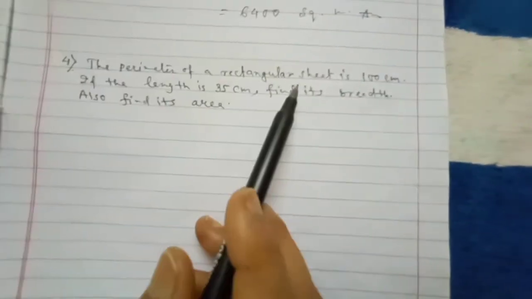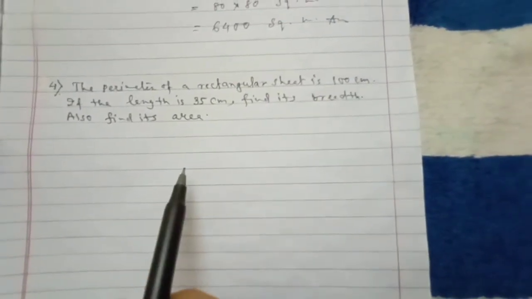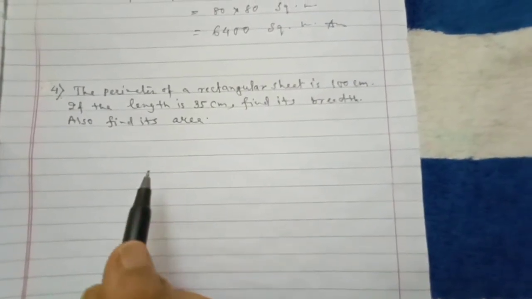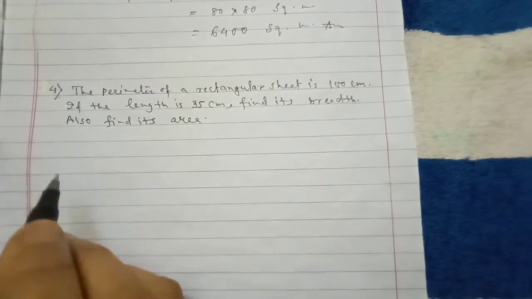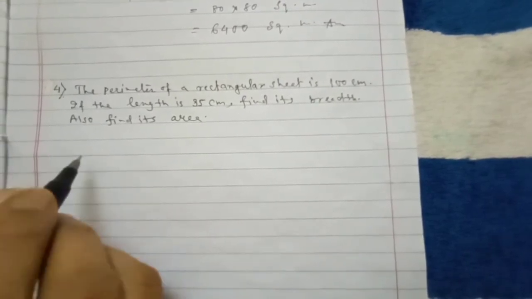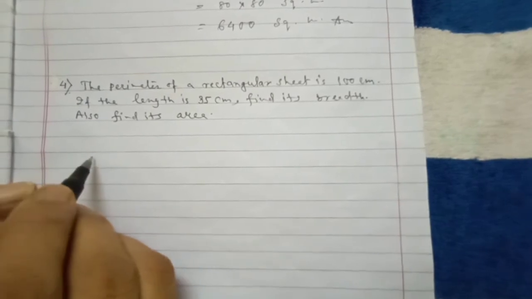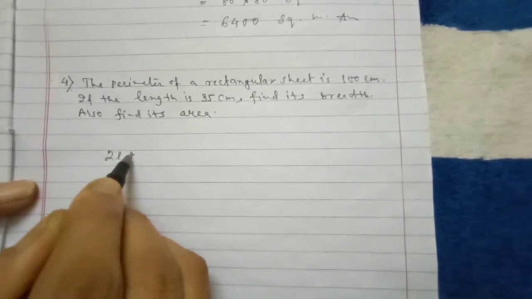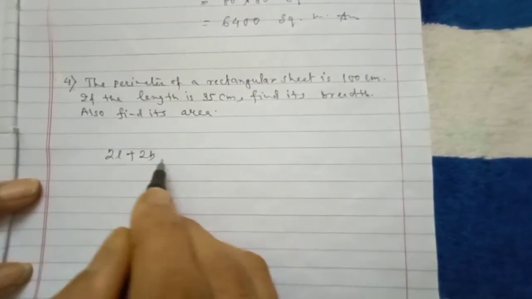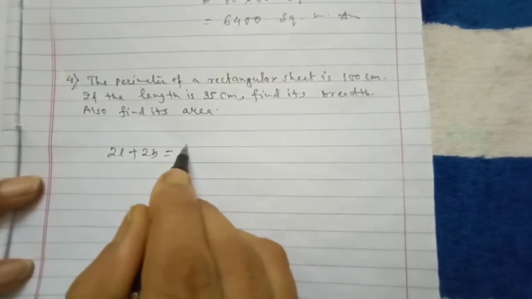But when the perimeter of a rectangular sheet is given, then we know that perimeter of a rectangle is equal to 2 into (L plus B). But we can say that perimeter of a rectangle is equal to 2L plus 2B.